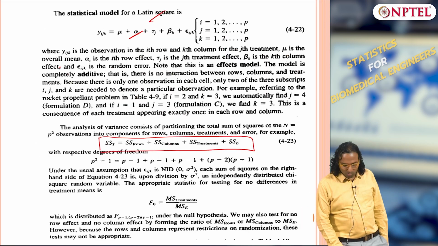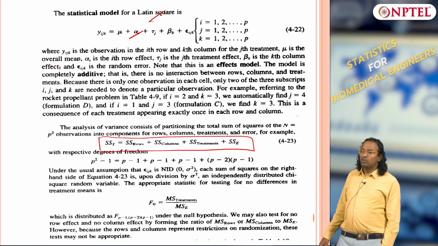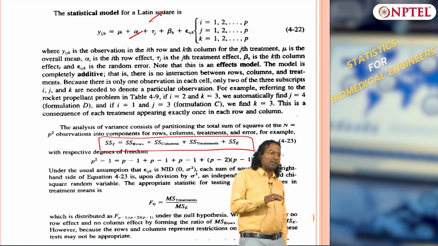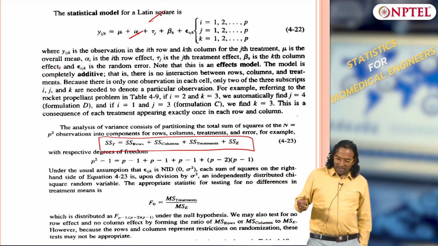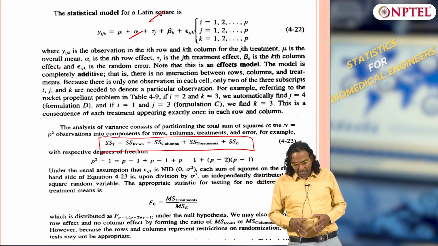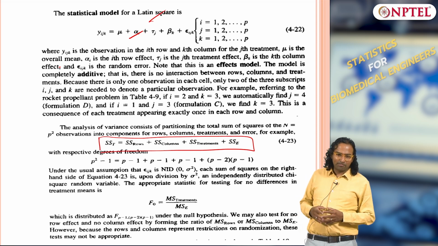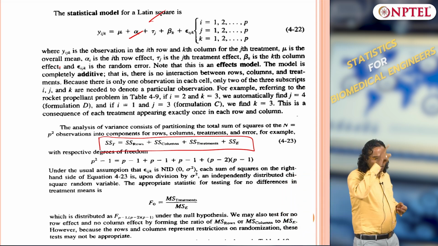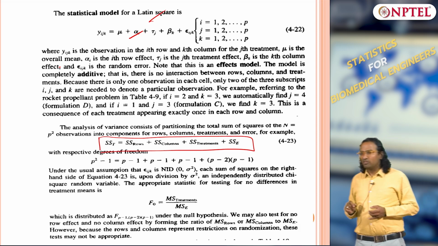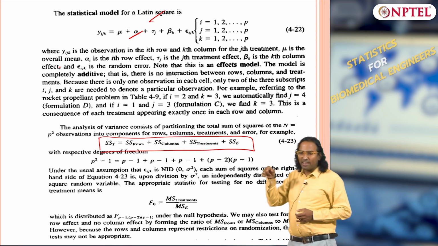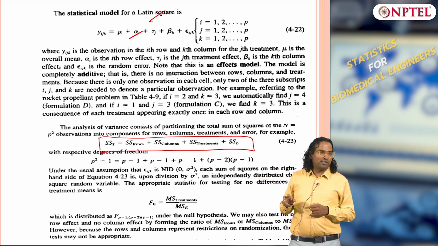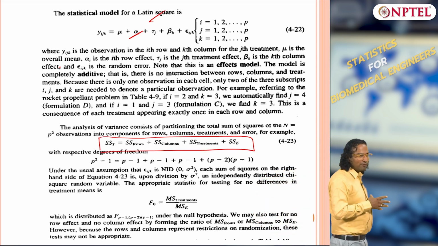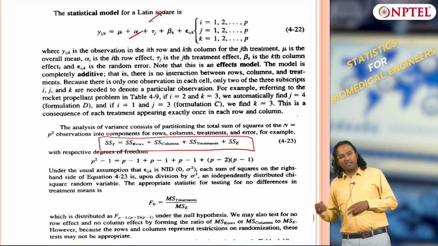So the Latin square model again is: I have mu, which is a constant, then alpha i, tau j, beta k plus epsilon ijk. There are 3 entries here: rows, columns, and the entries themselves, that is treatments, blocking and one more blocking, if you want to call it that way.